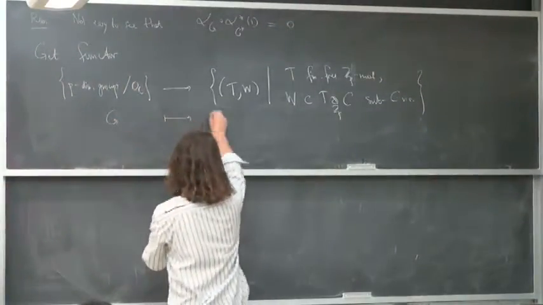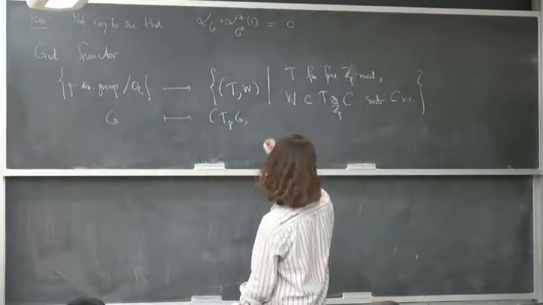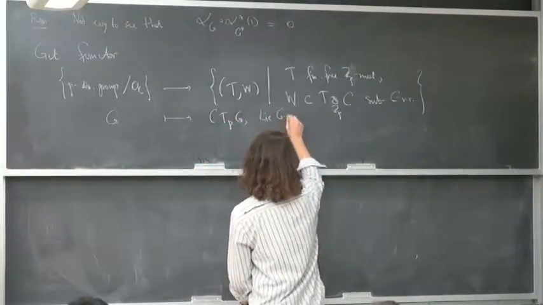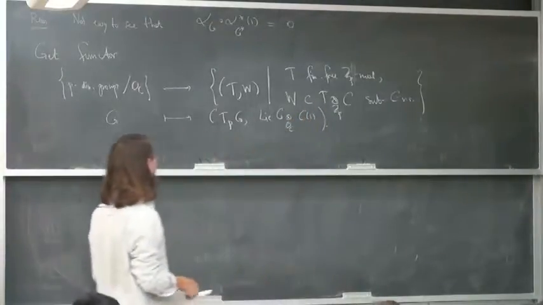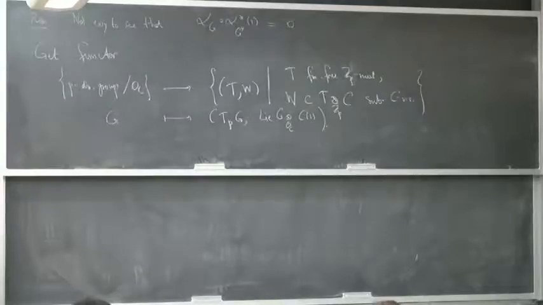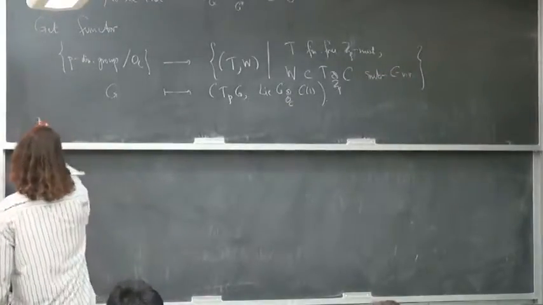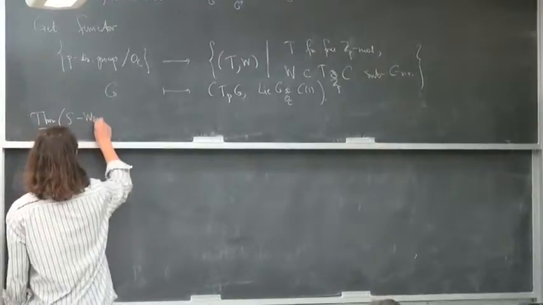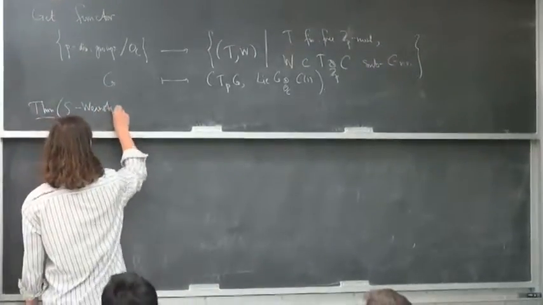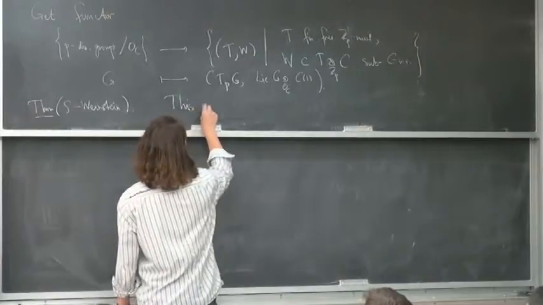So you send G to its Tate module, and the subvector space which you have there is the Lie algebra tensor over C. Then in my joint work with Jared Weinstein, we proved that this is actually an equivalence of categories.